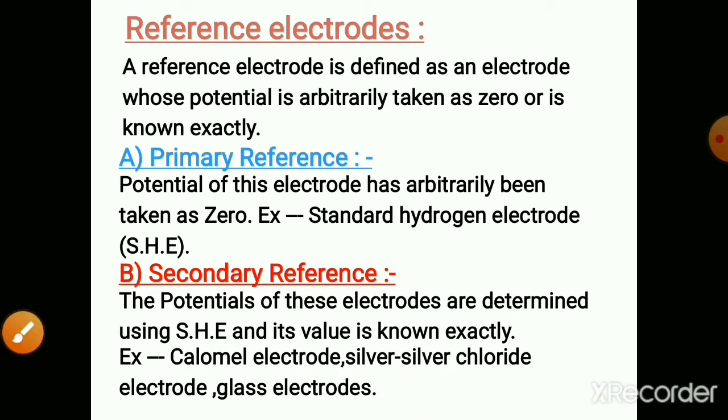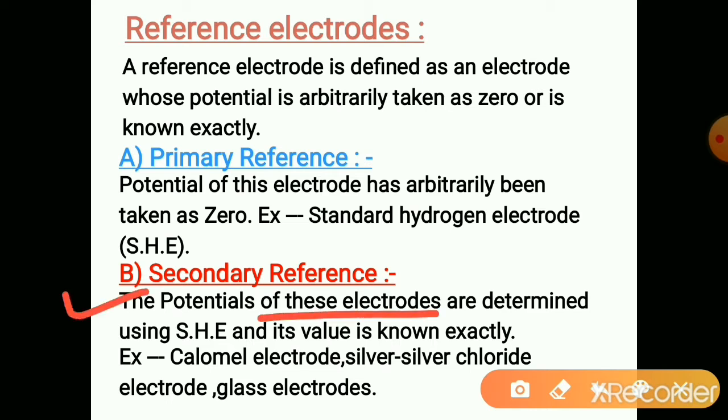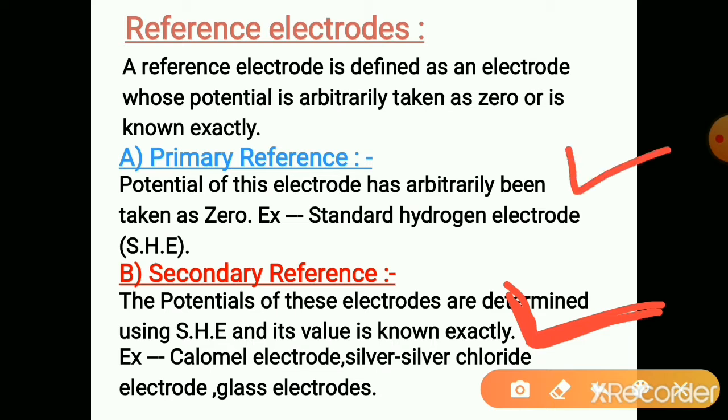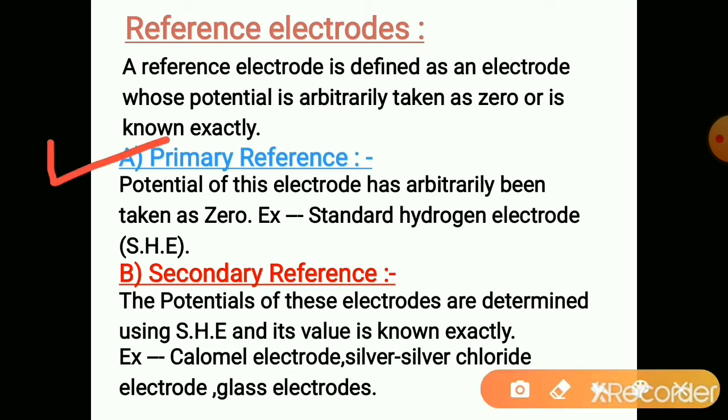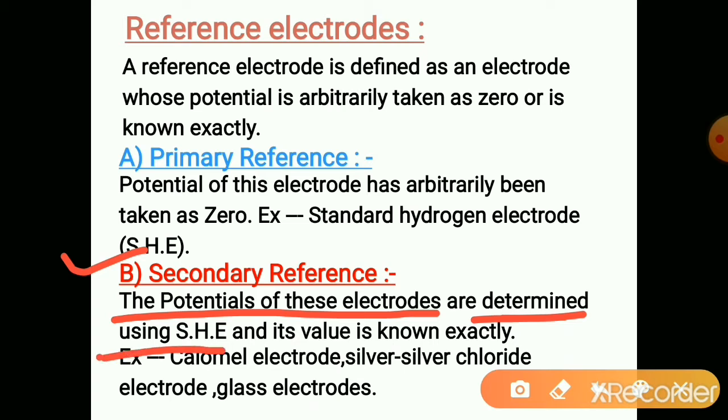These electrodes are used because their potentials are determined using SHE, so their exact values are known. So the standard hydrogen electrode is an example of a primary reference whose potential is arbitrarily taken as 0, and for the secondary reference, the potentials are exactly determined using the standard hydrogen electrode.